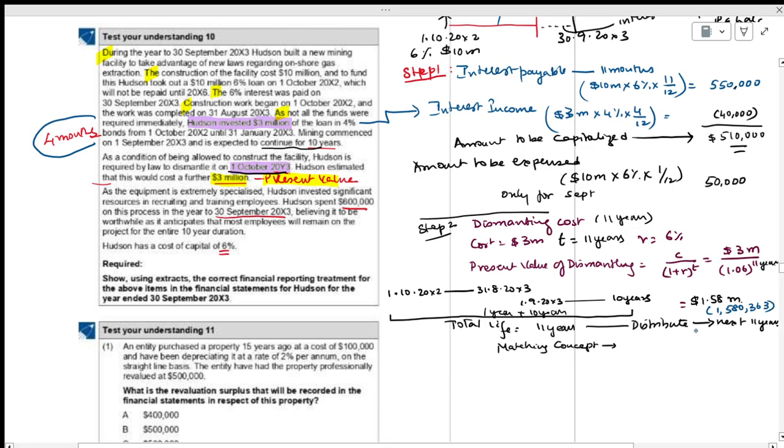Okay, this is the present value of dismantling cost, 1,580,363.